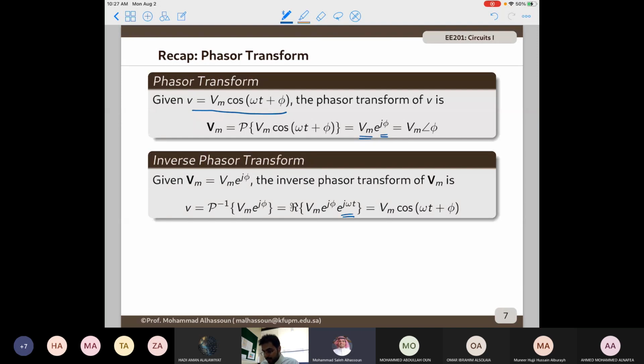We also had a situation where we were trying to add two sinusoidal functions, and we added them using two approaches. The first one is by using a trigonometric identity. The second approach is by transforming everything into phasor domain, then adding complex numbers, then bringing things back to time domain.